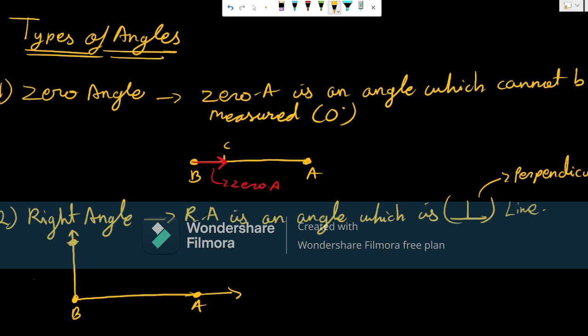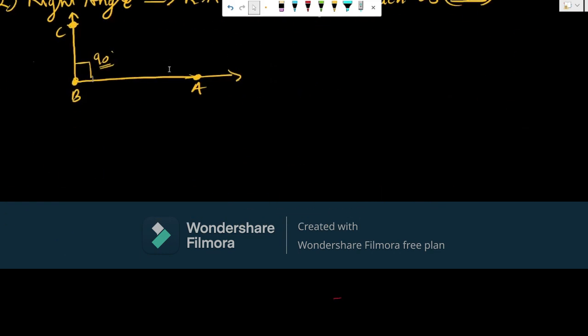This one will be called C. Now if you measure it, you will see that this angle measures exactly 90 degree, right? So this is called a right angle, or you can call it a perpendicular angle as well. Now let's move to the third one, that is straight angle.